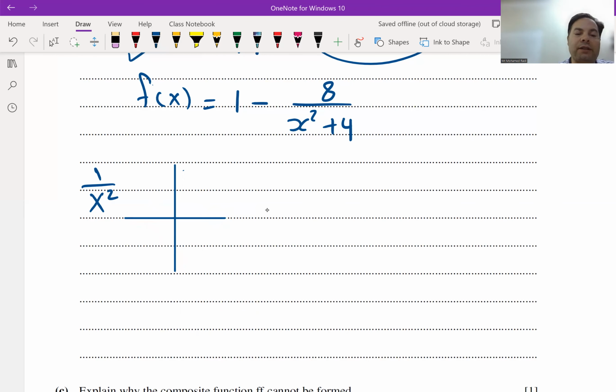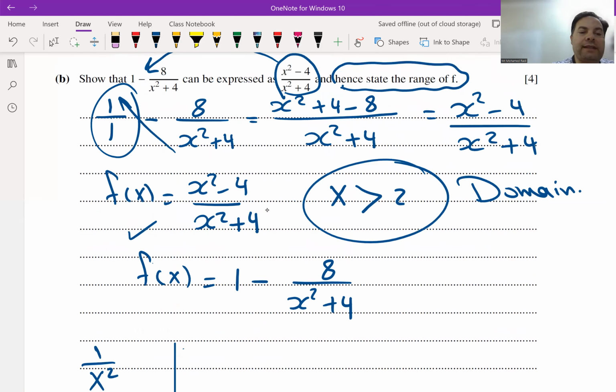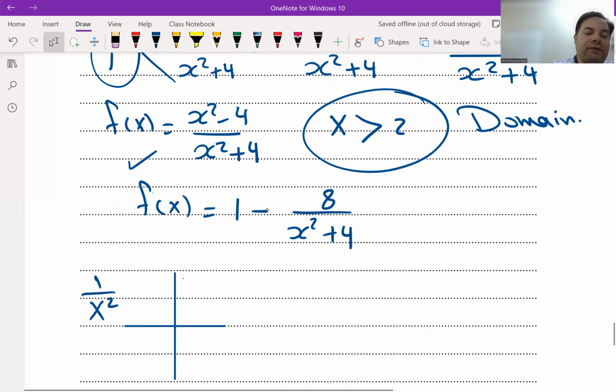Now, I will start with the function. This function is written minus 8 over x squared. We'll start with this part only. If it is negative 8 over x squared, how to sketch the graph? Exactly looks the same as negative 1 over x squared.